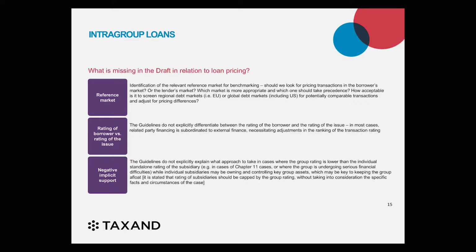And the last point is a little bit of a cheeky one, I would call it. I've seen a couple of cases where the subsidiaries' ratings were higher than the ratings of the group. And in those cases, the tax authorities where the subsidiary was situated were claiming that they want better pricing conditions.